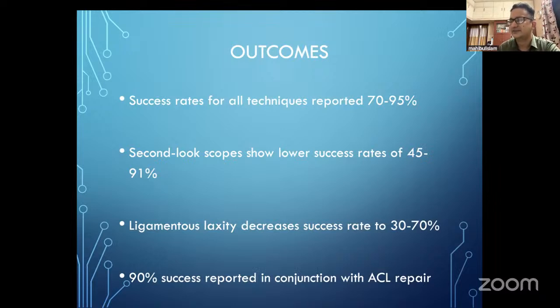Conversely, when meniscus repair is performed along with ACL reconstruction, success rate improves and it reaches about 90%. This improved outcome is attributed to enhanced joint stability and favorable biological environment created by concurrent ACL reconstruction. Overall outcome depends on tear type, stability, surgical technique, and associated intra-articular pathology.